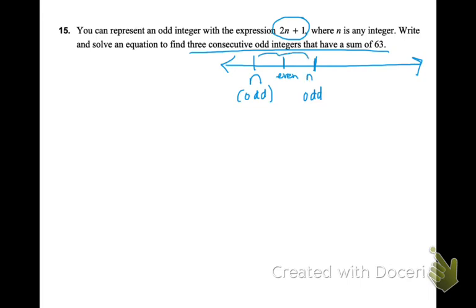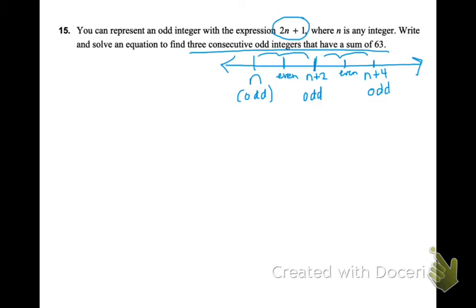So this one could be like n plus 2, okay? Then, we have this other even one, and then this one is again 2 spaces away from n plus 2, but it is 4 spaces away from n. And remember, these n's have to be the same number, the starting point. So I know this is sounding very confusing in this video, but this would be n plus 4. So that's the idea, right? And this would be the next odd integer. So it's kind of like saying n plus n plus 2 plus n plus 4 equals 63.